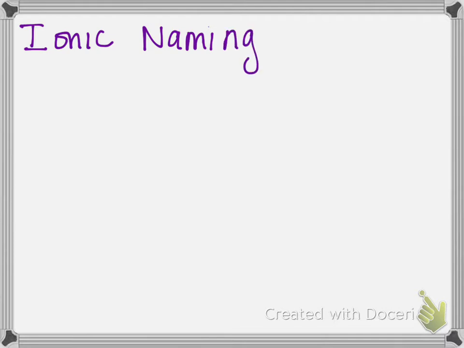So the type of naming that we are going to start with is called ionic naming. All right, and what ionic naming is, it is a chemical formula.